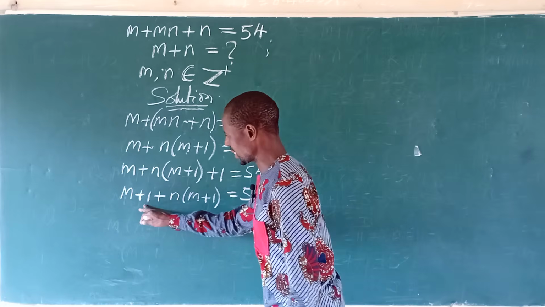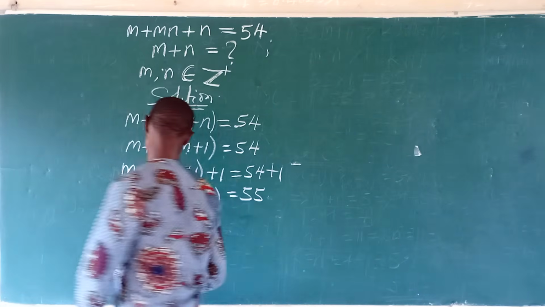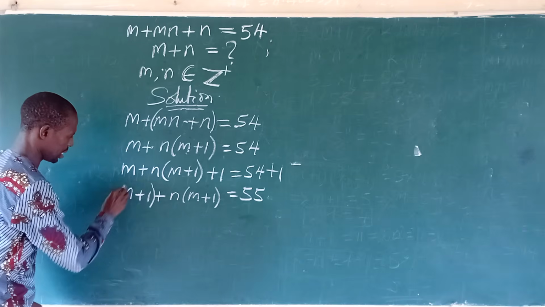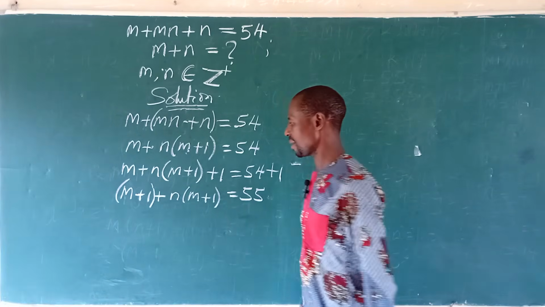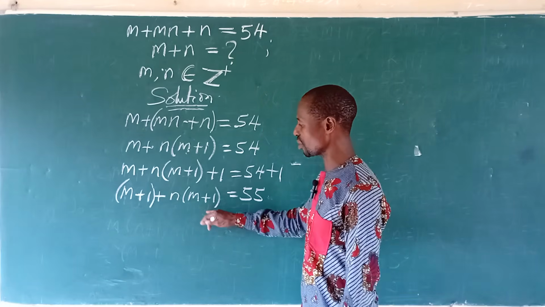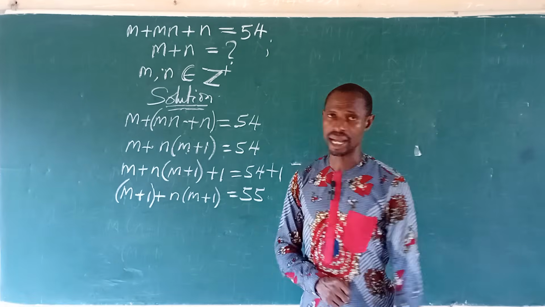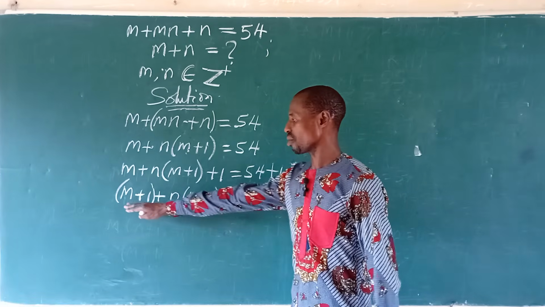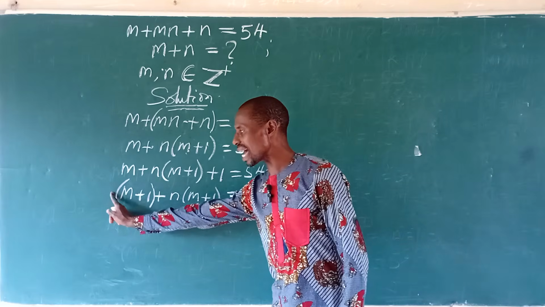Now, what if I decide to put this in bracket? Yeah, it will change the whole game. So I'm going to put this in bracket. Now, with what I have in here, you discover that I'm having m plus 1 in here, and m plus 1 in here, right? Good. So in this regard, I'm going to take the quantity that is outside here and the quantity that is outside here.